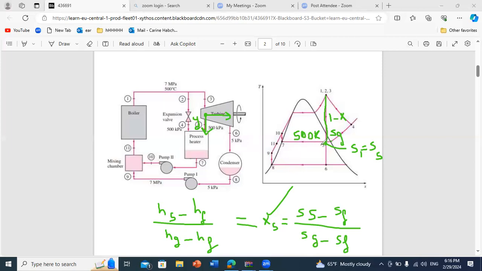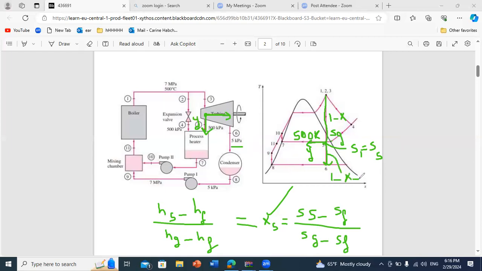So now what will continue here is the fraction y in the process heater, while the remaining part that will expand to the lowest pressure, which is 5 kilopascal, is a proportion 1 minus x minus y.